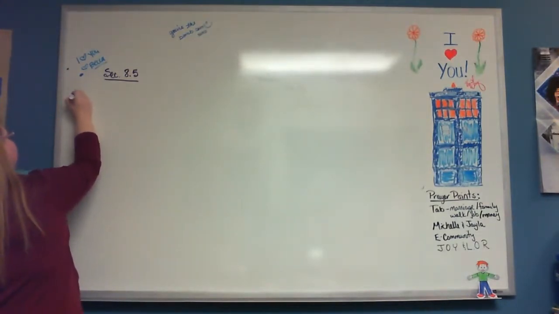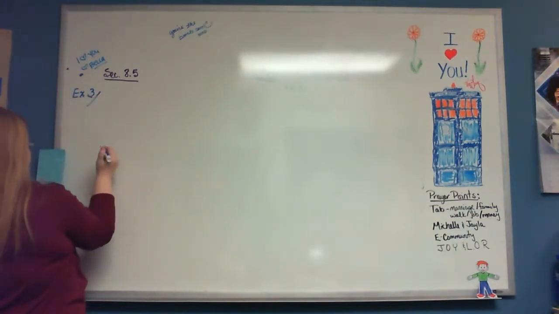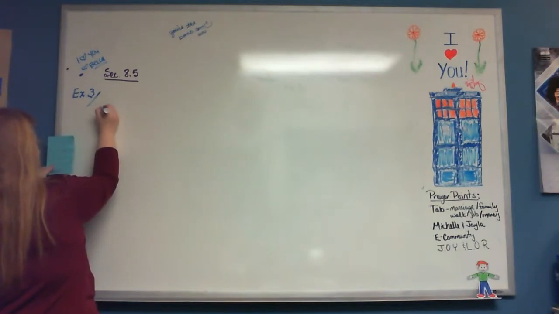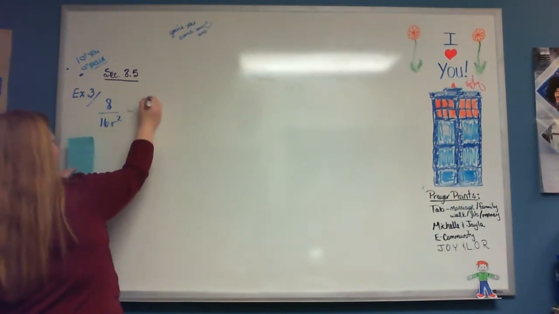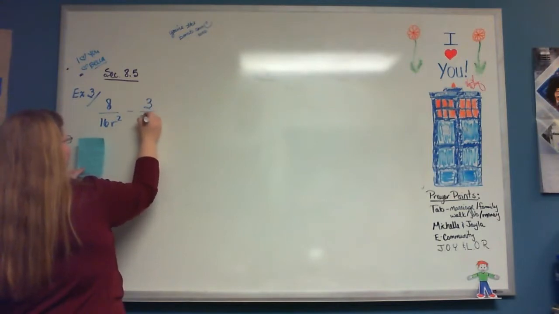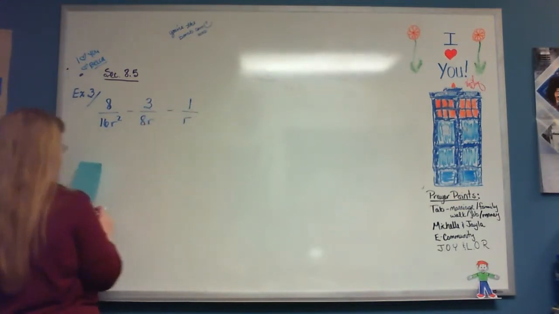Example 3. 8 over 16r squared minus 3 over 8r minus 1 over r.